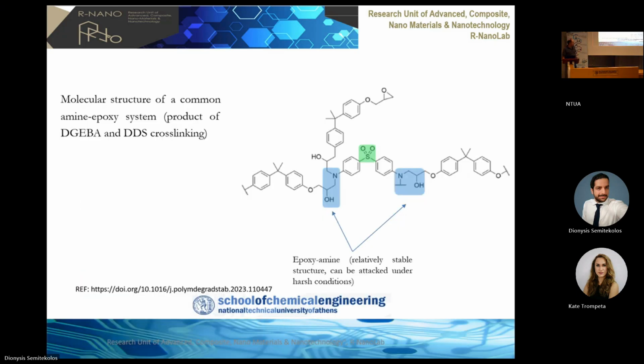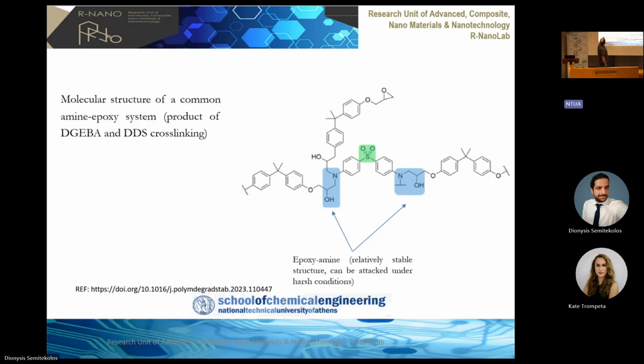Now, as I've already told, we don't know exactly what the material is, but we know that there is a combination of different matrices. Since we use formic acid, we have to see where this will react.